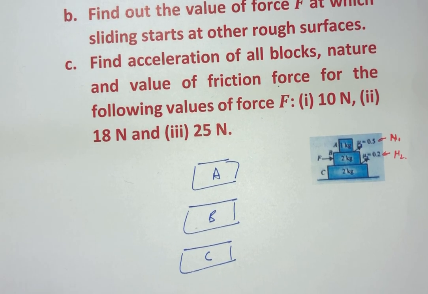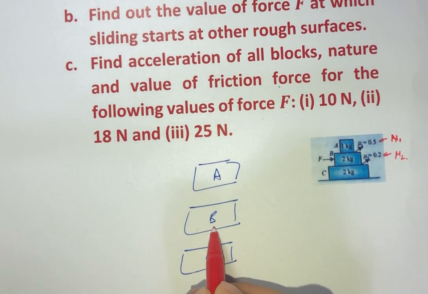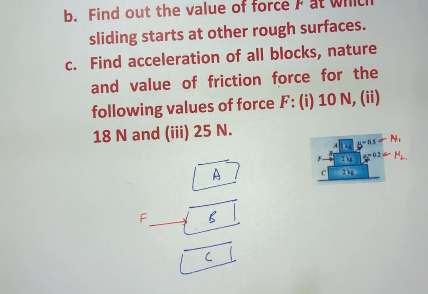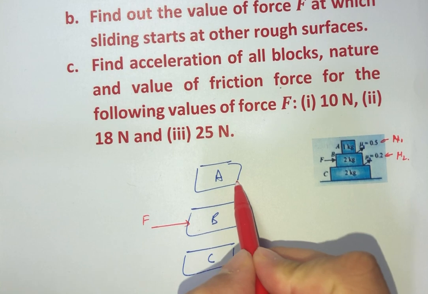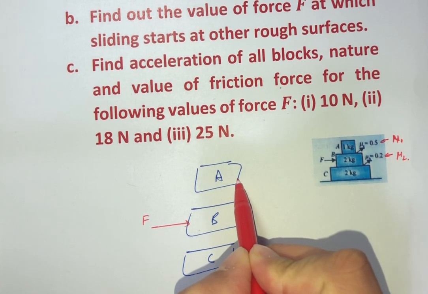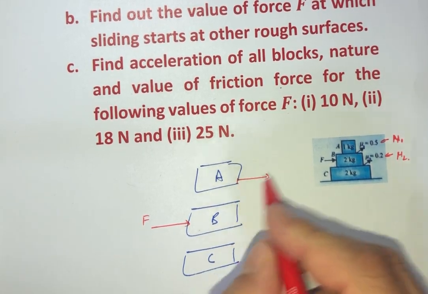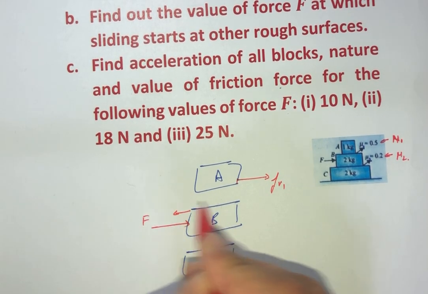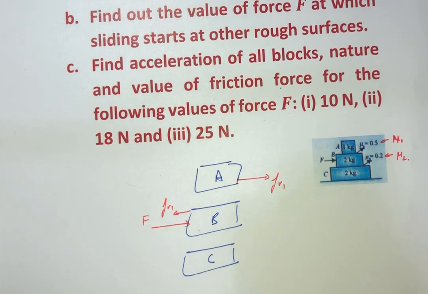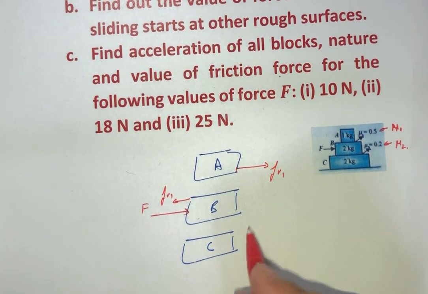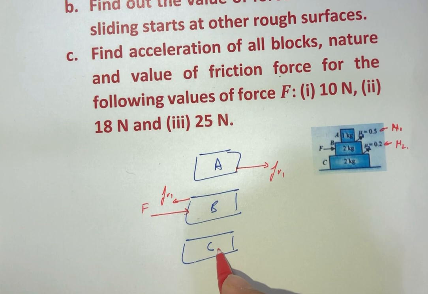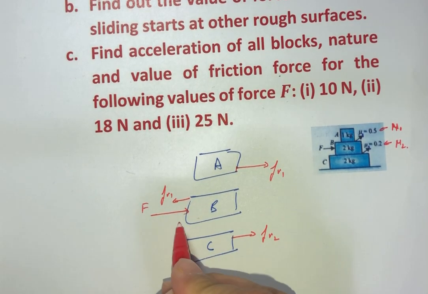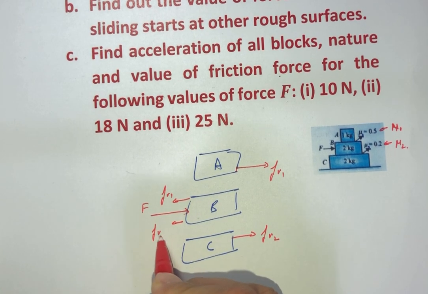Force is being applied on block B. So block B will try to move block A along with itself with the help of the frictional force. Let us call it Fr1, and an equal and opposite force will be acting on block B also. Similarly, B will try to move C with the help of frictional force. Let us call this Fr2, and an equal and opposite Fr2 acts here.